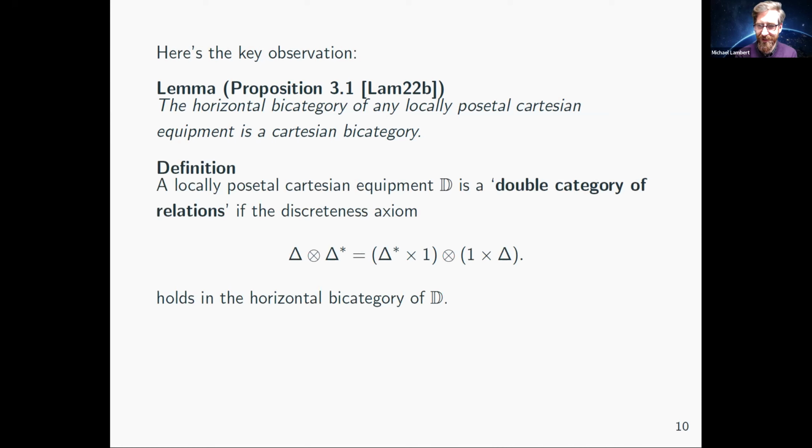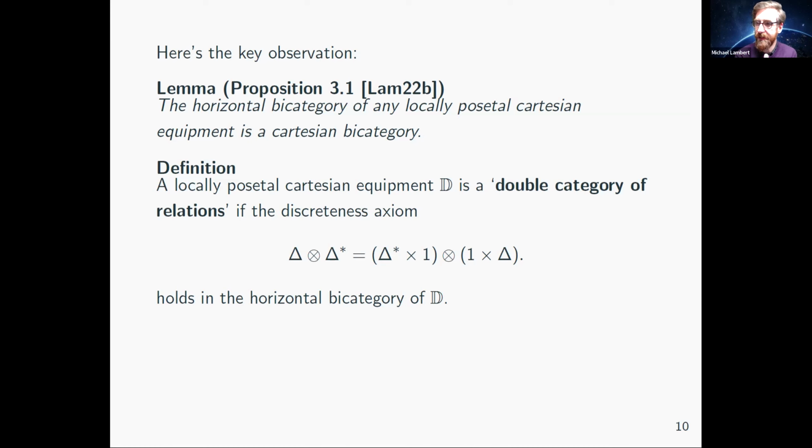Now, I have to make some comments on this notation because we don't want to get messed up with the tensors and the upper stars and everything else, right? What are these deltas? The deltas are the companion and conjoint of the diagonal map that comes with a given object, let's just say X. I haven't written in the X's here just to control the notation.